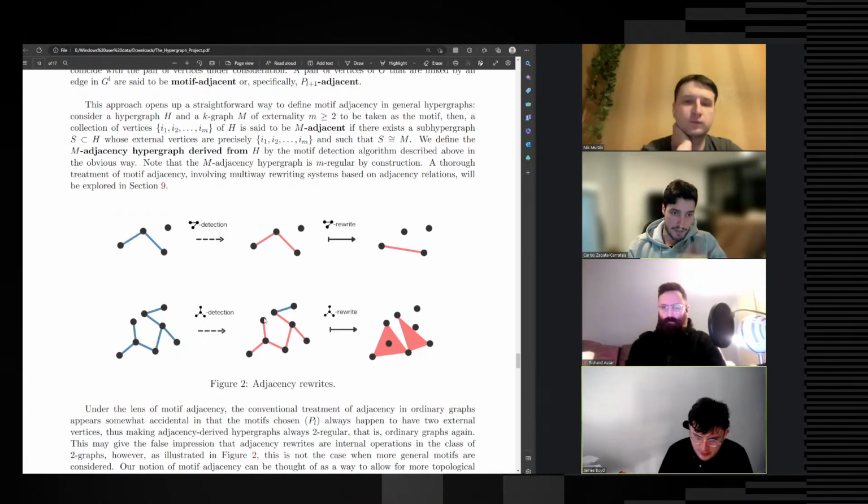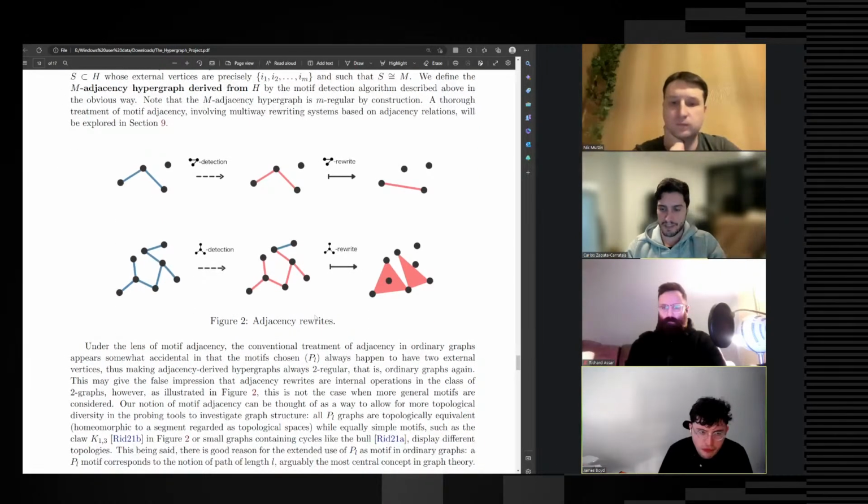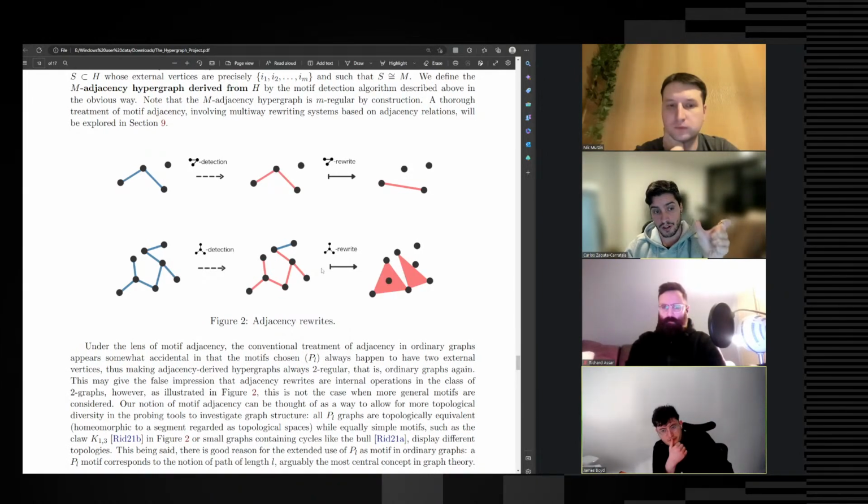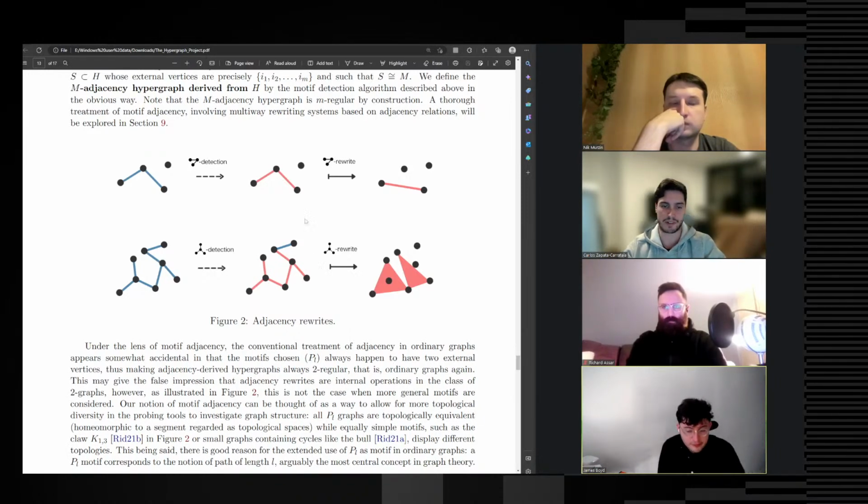But the fact of the matter is that the hypergraph rewrite rules require this notion of motif, or at least it's implicit in the notion of motif, right? Because you probably want to stay parsimonious and say, I'm matching this motif against this motif, and not so much I'm matching this exact sub-hypergraph to something else, because in that case you're basically detecting sub-hypergraphs in your hypergraph.